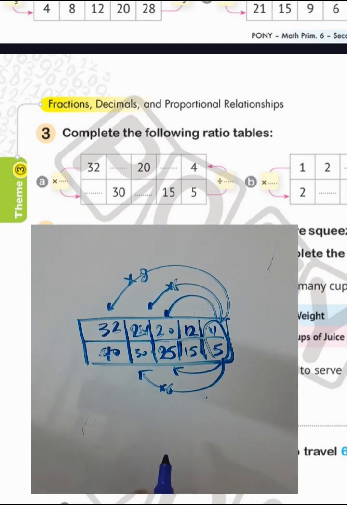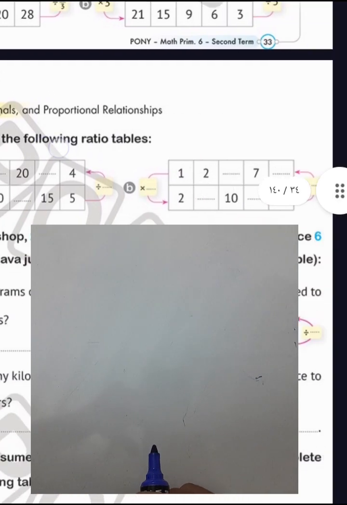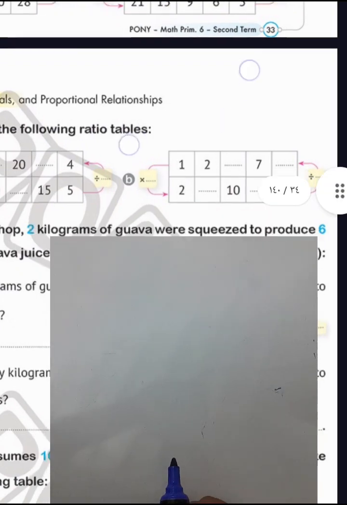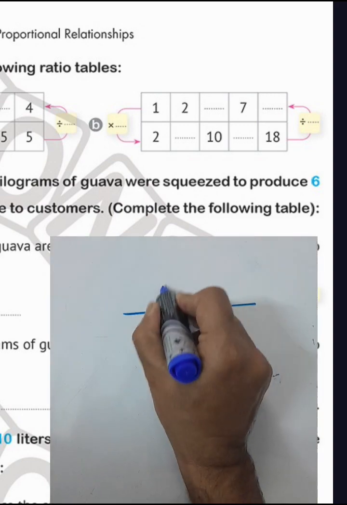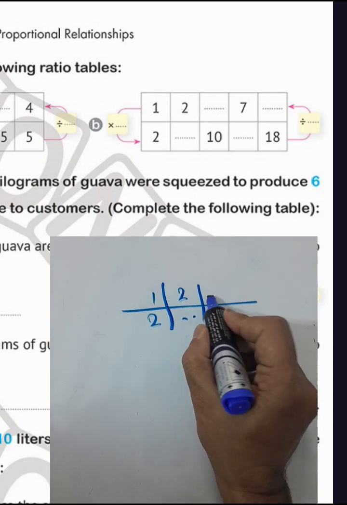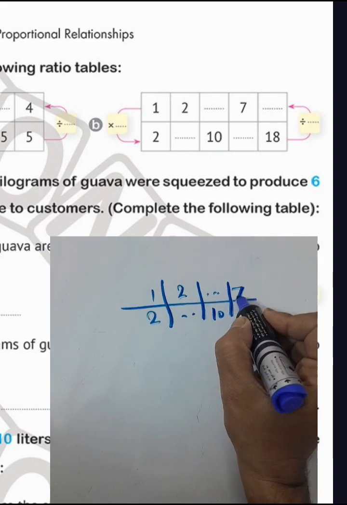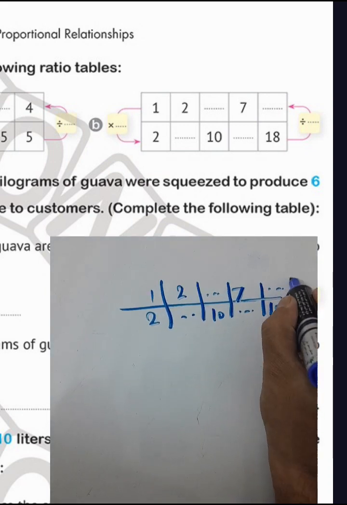Okay, you use properties here. Pay attention to the next questions. Here is a table. We can find the result of this table by using properties. We have 1 and 2, and 2 and a space, and 10, 7 and a space, and 18.